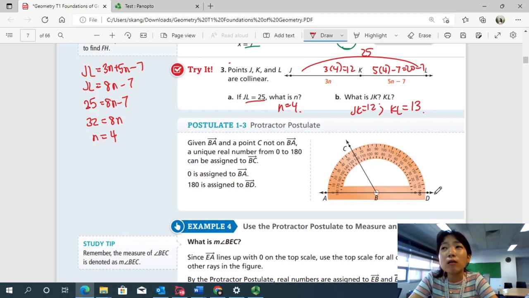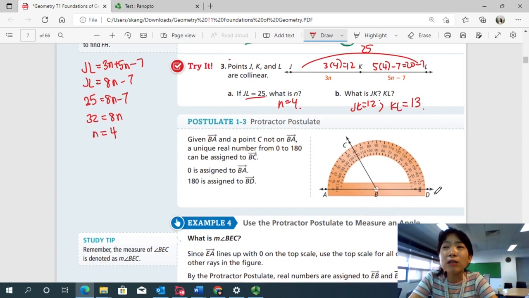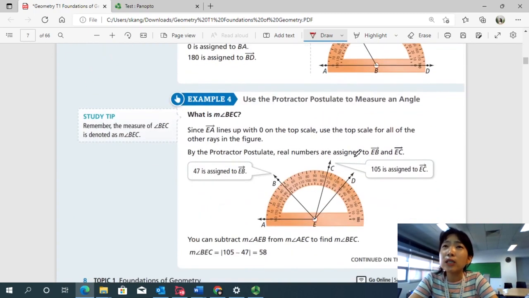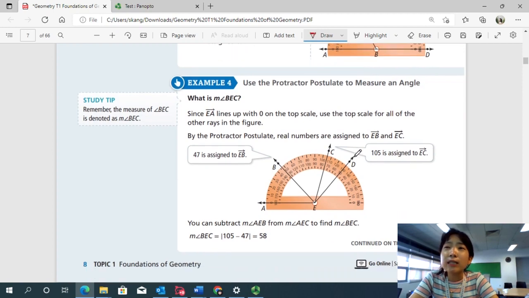Okay? So this is called the protractor postulate that you're most familiar with by using the protractor itself, right? You already know how to use the protractor, but this is a postulate that explains and defines it using rays and real numbers. Okay, let's look at example 4.